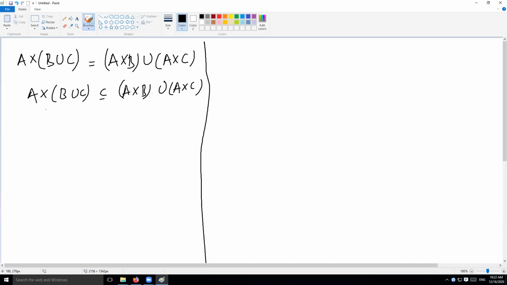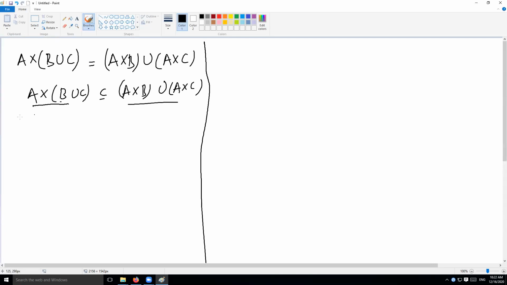But I want you to do it the way we are doing it, because in this manner you explicitly see why all elements of this set are present here and why elements of this set are present here.